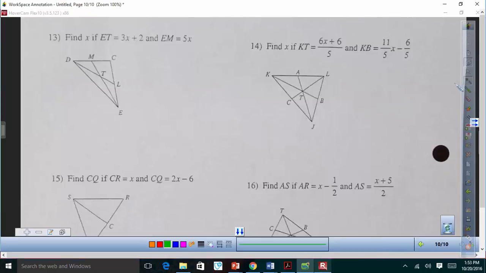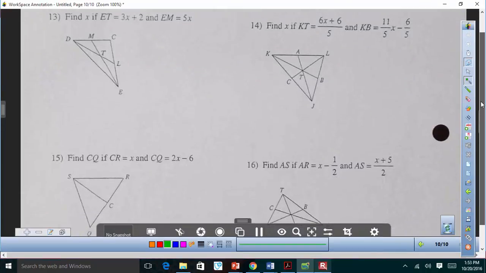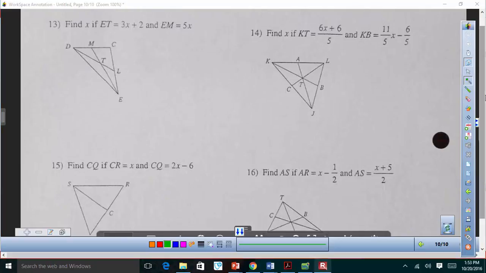Okay, so I want to go over how to set some of the problems up off the worksheet. So looking at 13, it wants me to find x when I'm given ET. ET is this piece right here. So is that the long, short, or whole piece? It's the long. Okay. So ET is my long, and EM is my whole.